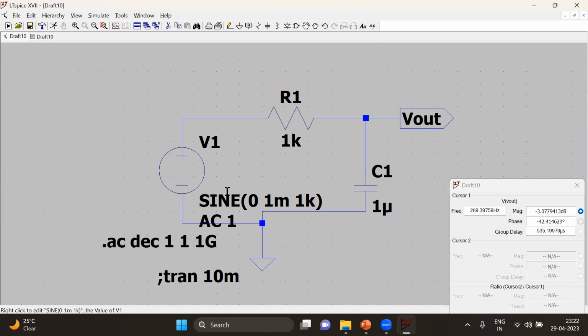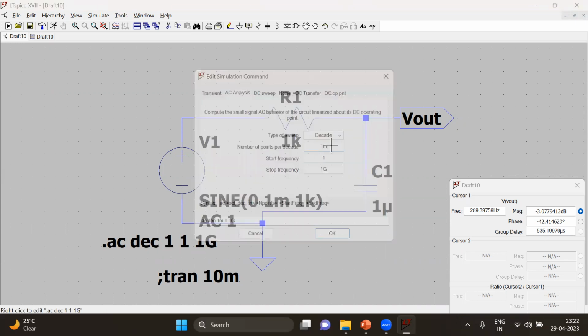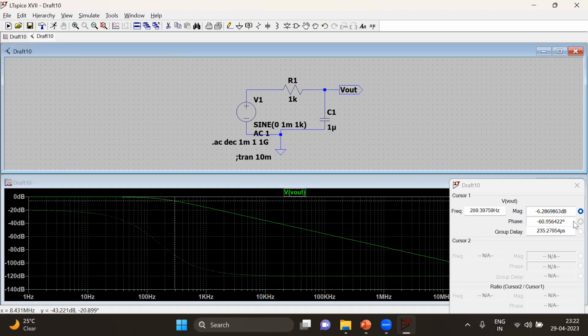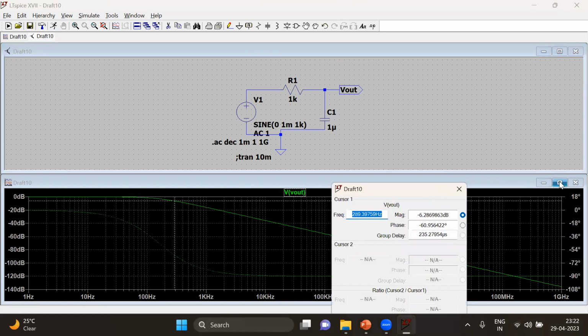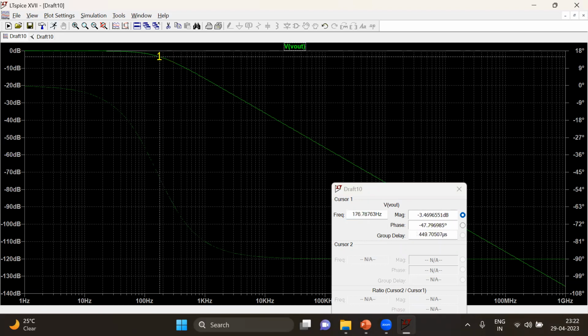So this is the voltage V1. With that, suppose we take the sample 1 milli, it would be great to see what the frequency response would be. So now check it out. Move the cursor a little bit down and check what the 3 dB frequency is over here.